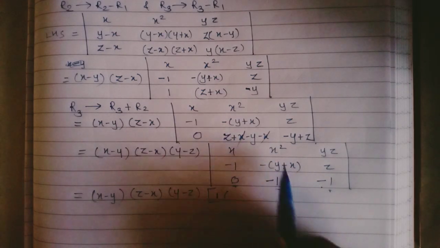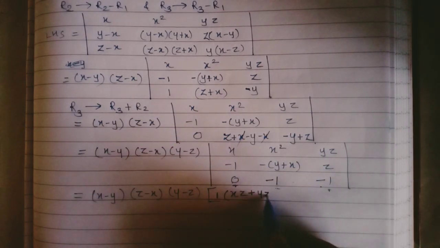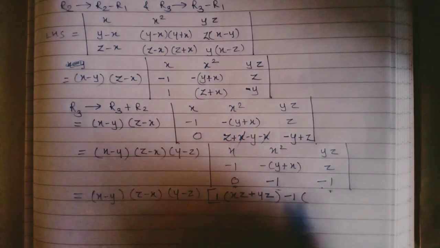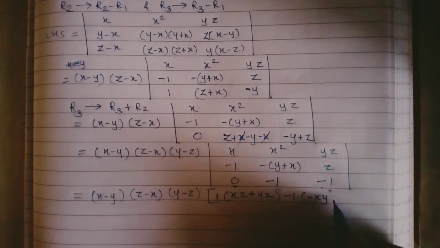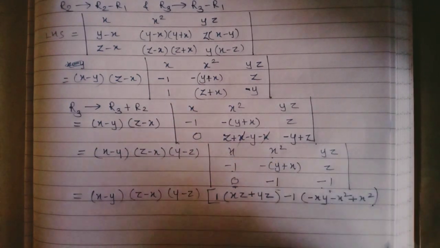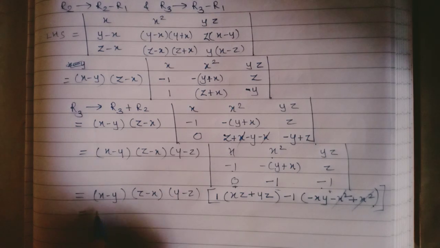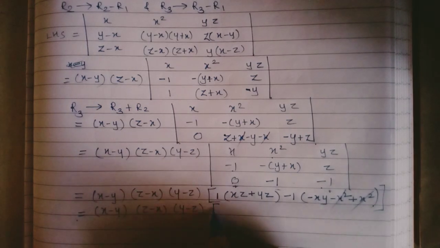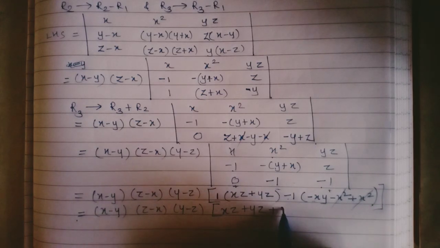Crossing out this row and column, so we'll get xz plus yz, then minus 1 x minus xy minus x square plus x square. Okay, so this gets cancelled, so you'll get this is your xz plus yz and minus into minus plus xy.